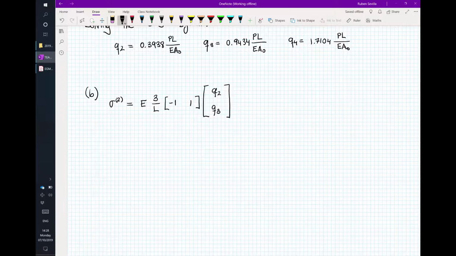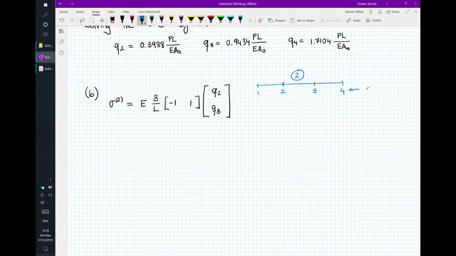Very important, the only thing here that sometimes I see mistakes is that you get confused with local and global numbers. To clarify this aspect, we are working on element 2.